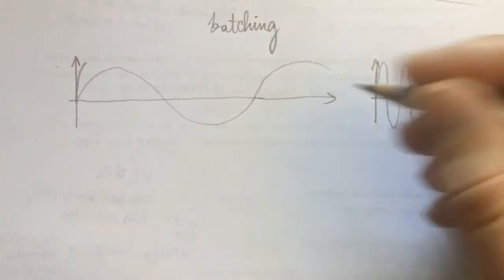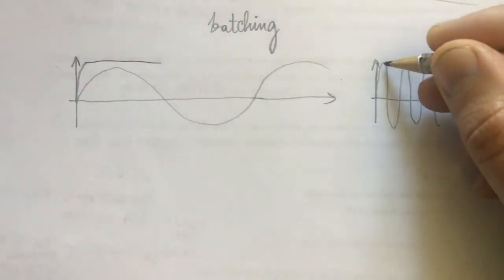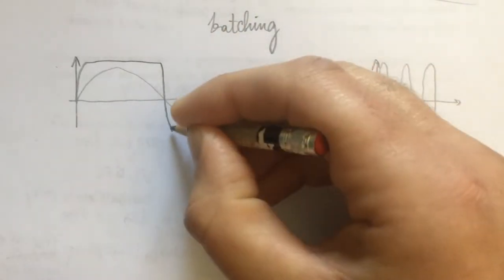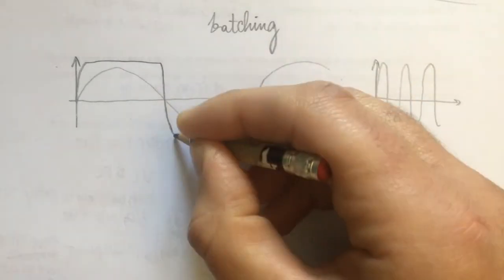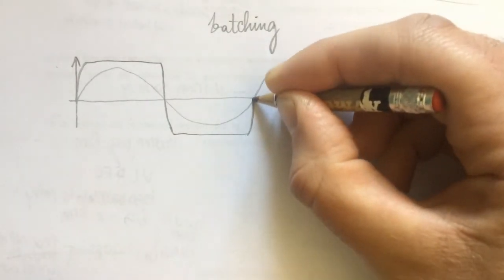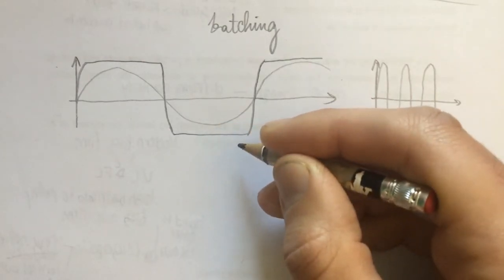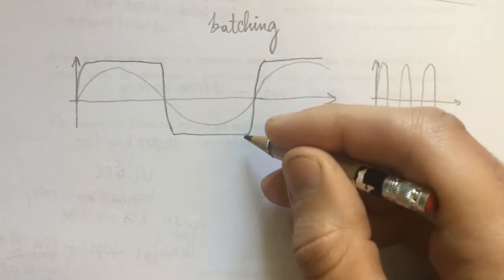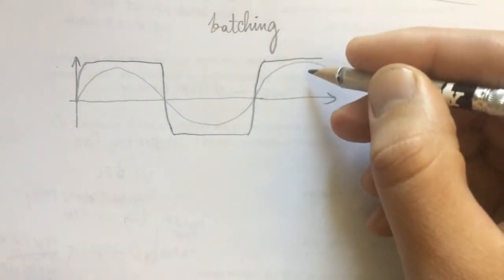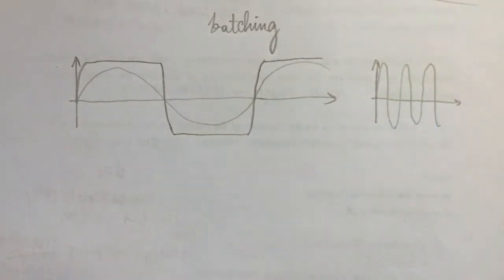I let the output take its course and then latch it, or in other words, hold it still until it is time to go down fast, as always. When it gets down, then I will latch it again and hold it still again until it's time to go up with its usual speed. And in this way, I artificially and in a very brutally nonlinear way change the period of the oscillation. Of course, this oscillation, I repeat, is brutally nonlinear. Latching is a nonlinear control strategy.